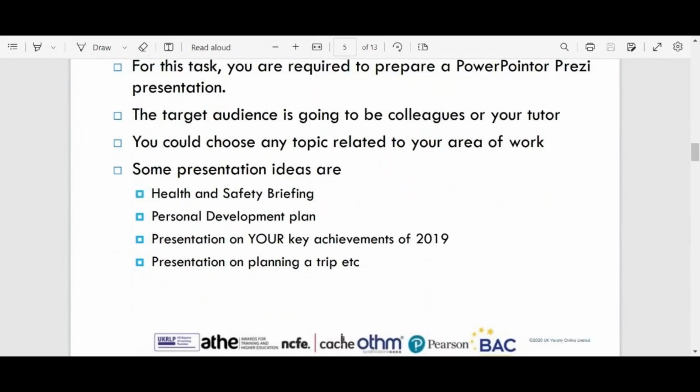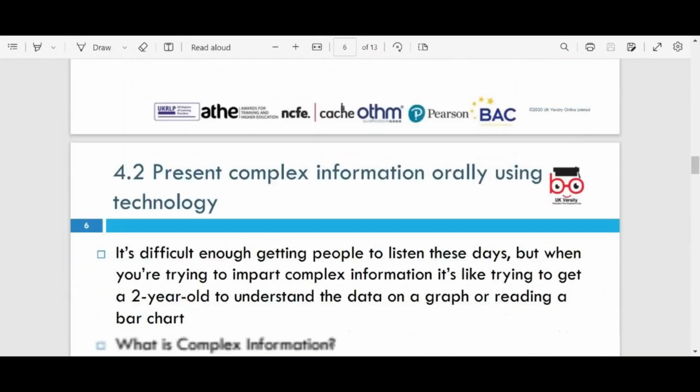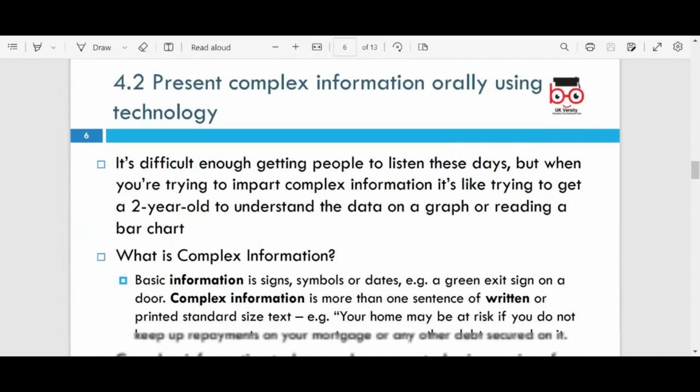Some presentation ideas are a health and safety briefing, a personal development plan, a presentation on your key achievements of 2019, or a presentation on planning a trip. And this will be part of your assessment when we look at it next week as well, okay?